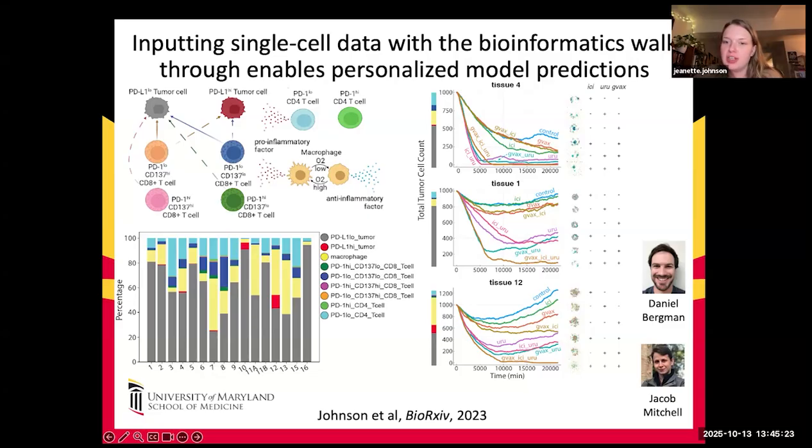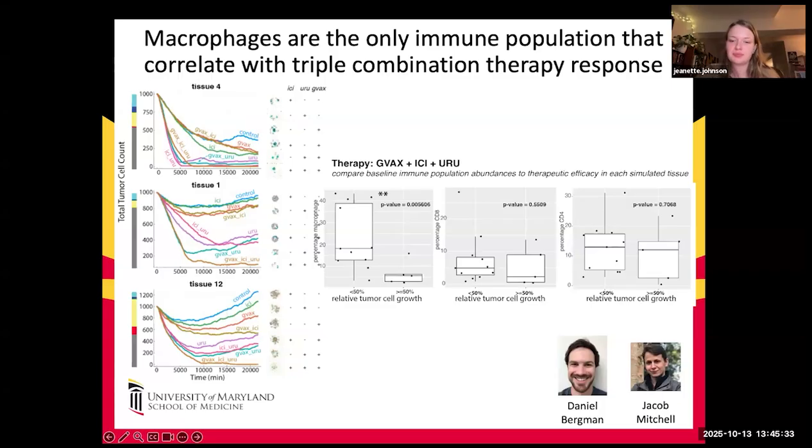So when we tried to find the most important factor determining whether a simulated tumor grew or shrank under therapy compared to baseline, the only cell population that showed a significant difference in simulated responders versus non-responders to the triple combination therapy was macrophages, whereas CD4 and CD8 T cell counts at baseline were not significant in predicting therapy response.